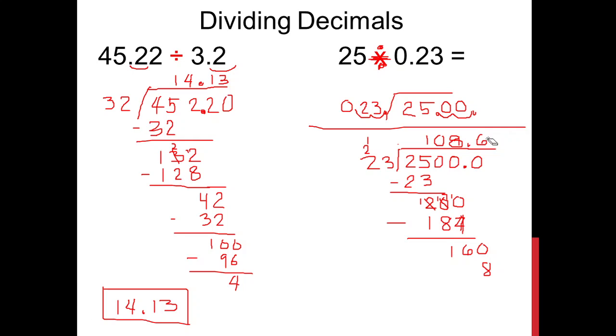Let me erase that one first. So 7. 7 times 3, that's 21. That's 2. 7 times 2, that's 14 plus, oh, it's more than, so it's 6. Right on the first guess. So that's 6. 6 times 3, that's 18. Carry 1. 6 times 2, that's 12 plus 1, 13.